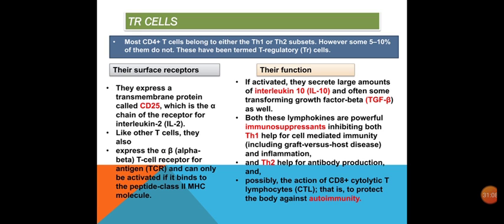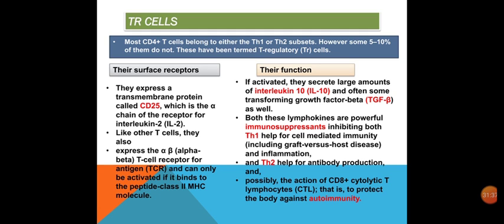Their surface receptors: they express a transmembrane protein called CD25, which is the alpha chain of the receptor for interleukin 2. Like other T cells, they also express the alpha beta chains, the T cell receptor for antigen, and can only be activated if it binds to the peptide class 2 MHC molecule.